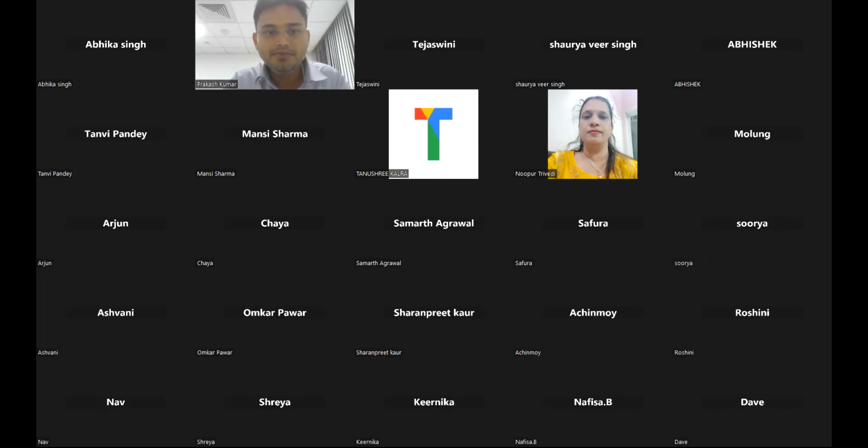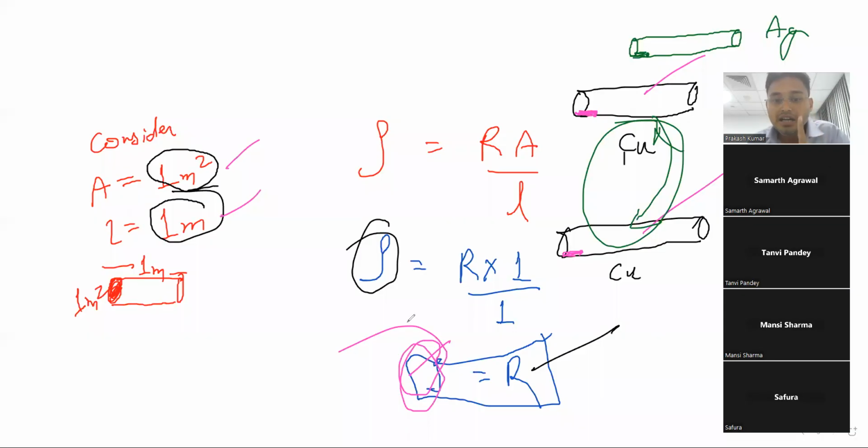Okay, fine. Sir, I did not understand what you wrote last, resistivity equals resistance. Resistivity is the resistance. Only see what I am sharing.